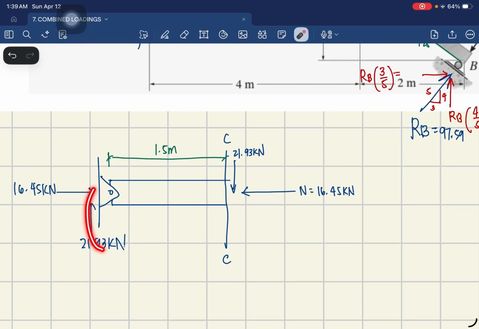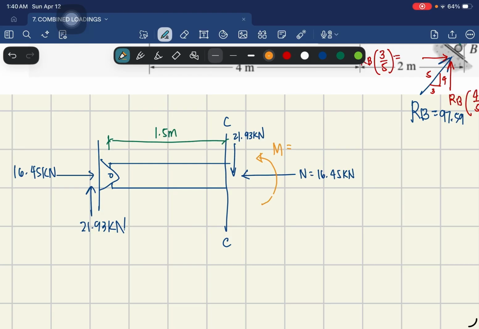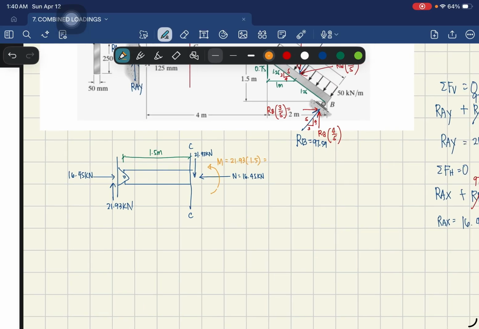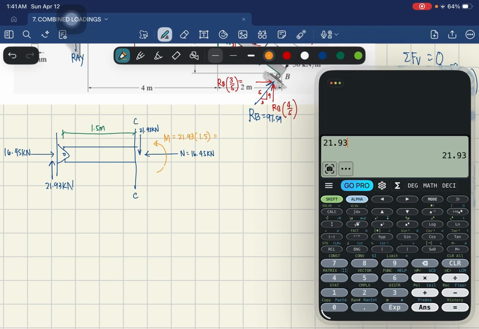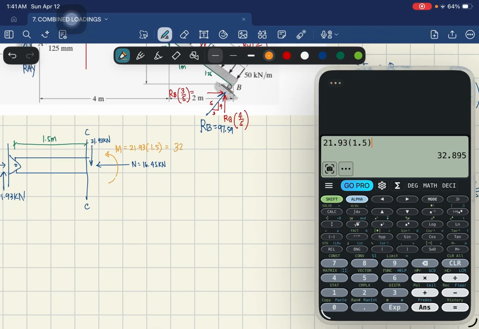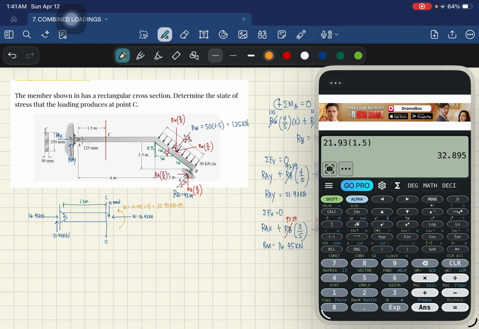Para makuha natin yung bending moment, mag-moment lang tayo at point C. Then yung moment niya, since positive yung counterclockwise pag nag-cut ka, ito yung moment. So, yung moment dito is equal to 21.93 times the moment arm na 1.5, equals to 32.90 kilonewton meter. Then, may cross-section tayo na in rectangular shape.